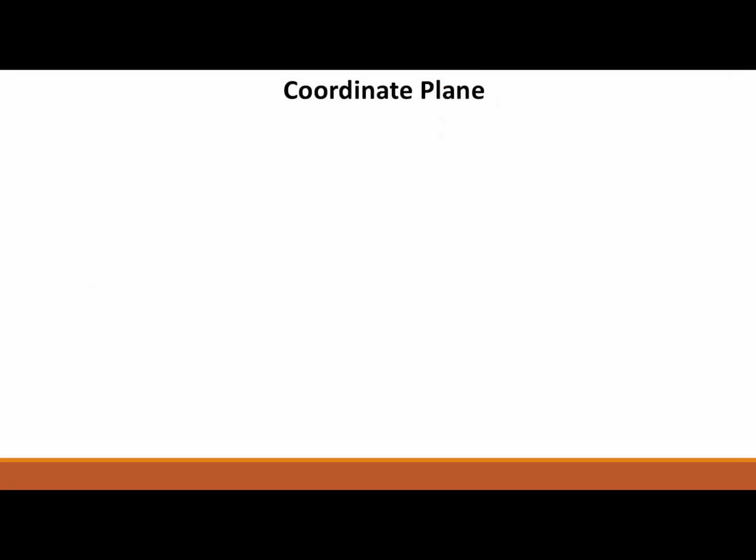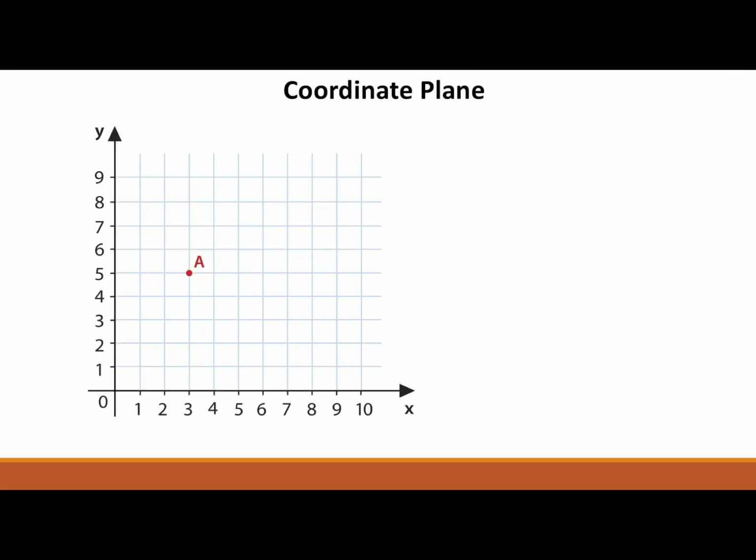Because we are going to be doing a lot of graphing today, we need to make sure that we review the concept of the coordinate plane. As you remember, the coordinate plane looks just like this, and it's made up of 2 number lines that intersect or cross each other. The first number line is known as the x-axis.